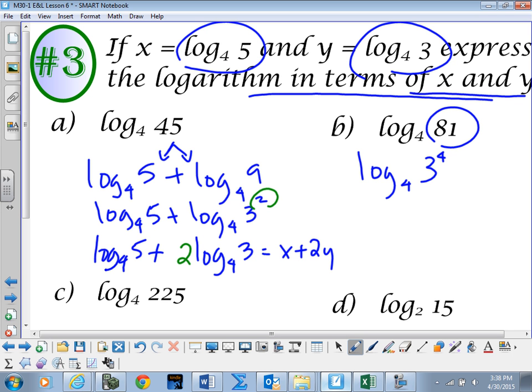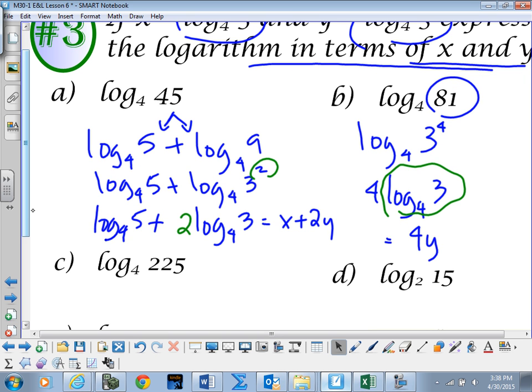So 3 to the 4 means that the exponent 4 can be moved out to the front of the log. Now I know log base 4 of 3 is equivalent to y, which means this is equivalent to 4y.